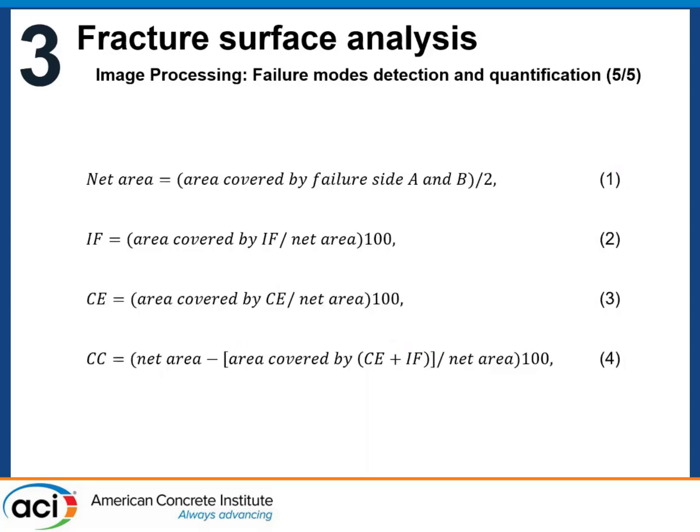And then, again, an algorithm of comparison, correlating things, adding areas, subtracting one area over another, can measure what is the area covered by interfacial failure, what is the area covered by concrete epoxy failure, and what is the area covered by none of the above, and that will be your cohesive failure in the concrete.